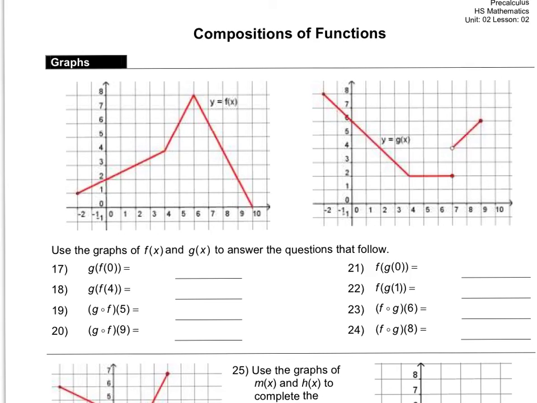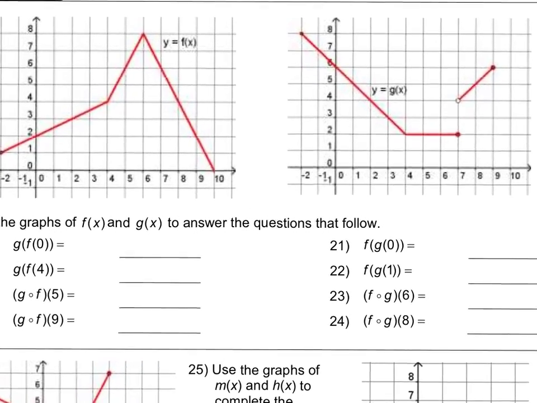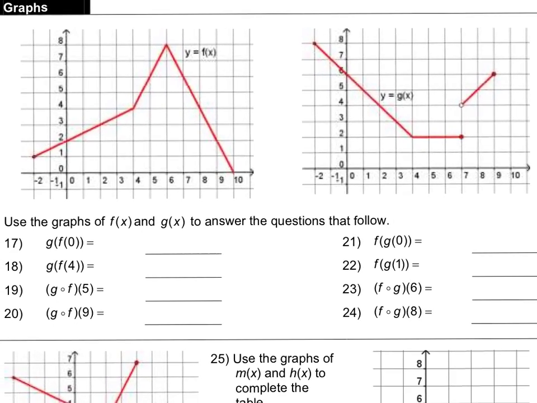Now, turn over to the back, and we're going to use graphs f of x and g of x to answer the questions that follow. First, we're asked to find g of f of 0. So we look at when x is 0, what is the value of f?